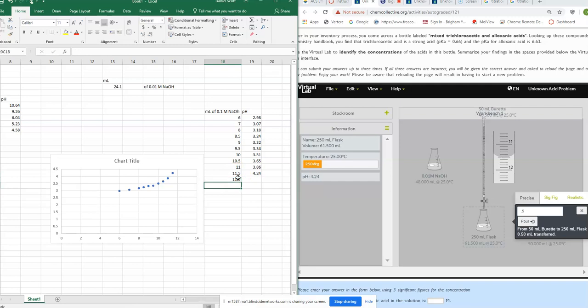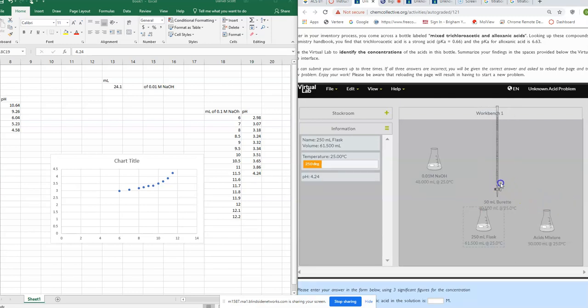So it's going pretty fast now. It's getting faster, so I'm going to decrease my volume change to 0.1. So from 11 point, whoops, what happened?